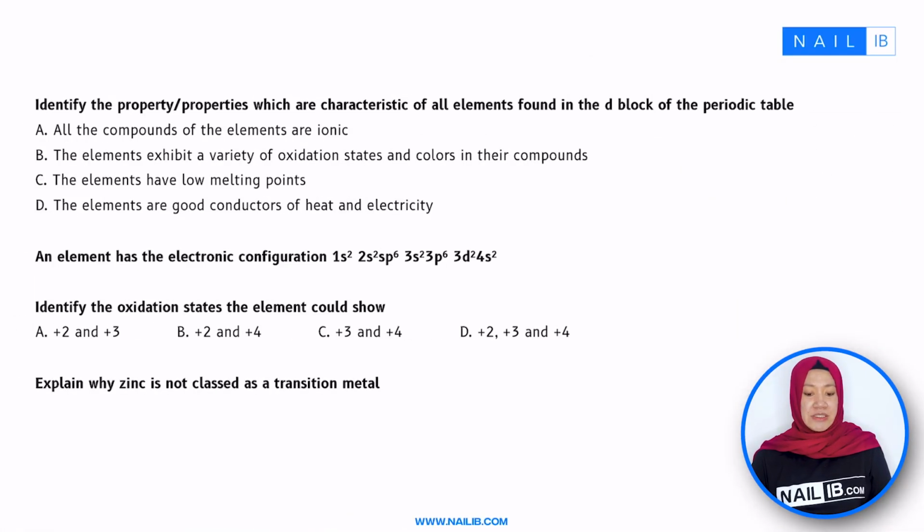Identify the property or properties which are characteristic of all elements found in the d block of the periodic table. All the compounds of the elements are ionic. No, some of them are not ionic, but neutral compounds, like the example which is quite complicated.